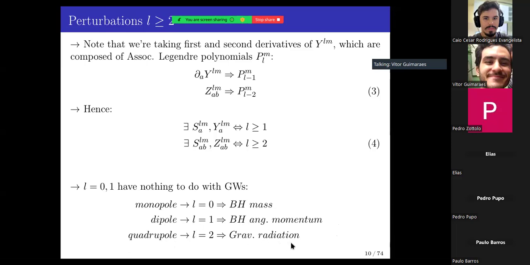We didn't discuss this, but if you go to the reference by Maggiore, you will see this discussion there. I think that Ferrari and Berti also discuss the energy of gravitational radiation and its source being a quadrupole moment.